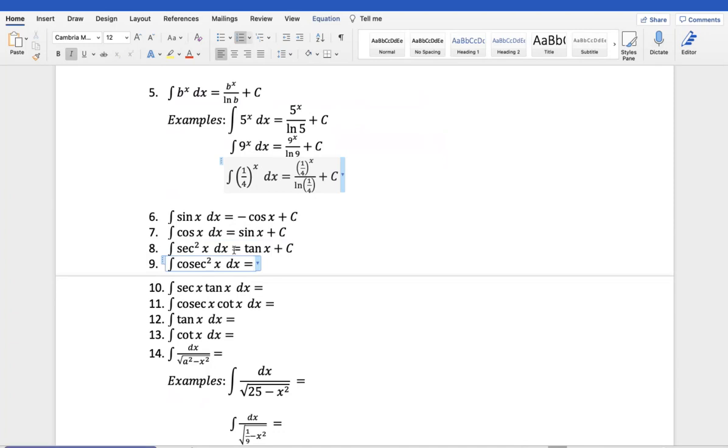And the integral of cosec squared of x is just equal to negative cot x plus c, the constant. And when we have the integral of sec of x multiplied by tan of x, we remember that that is just equal to sec of x plus our constant c.